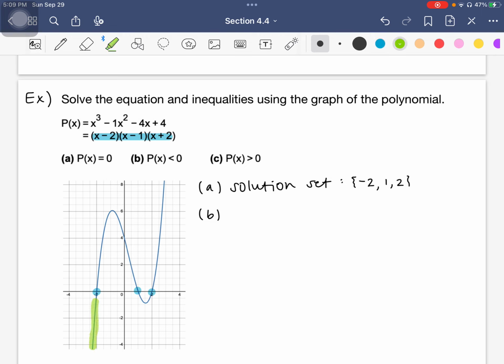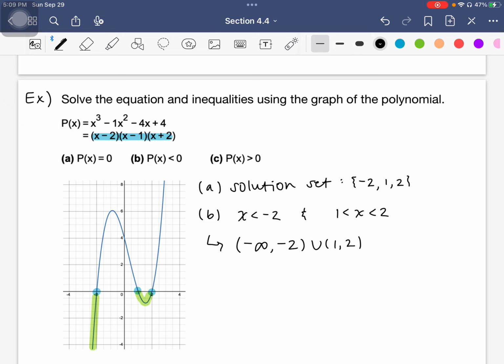So it's going to be all of these here. So p of x is going to be less than 0, or negative, when x is less than negative 2, and when it's between 1 and 2. And then in interval notation, when x is less than negative 2, that's going to be negative infinity up to negative 2. And then when x is in between 1 and 2, that's going to be 1 to 2 here.